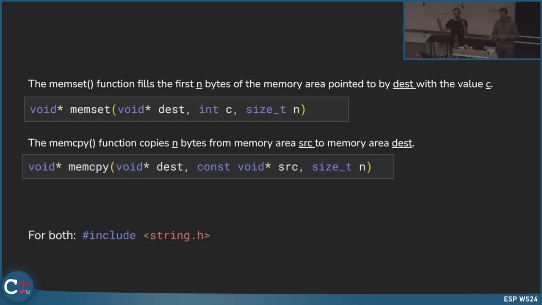You already have an array of 10 integers, and you have another array on the heap. You say memcpy everything from the source to this, and it goes through the array and copies all n elements to the other array. It's not really bound to the heap. You can also use both of them if the array is just on the stack, but it's very common to use it also on the heap.